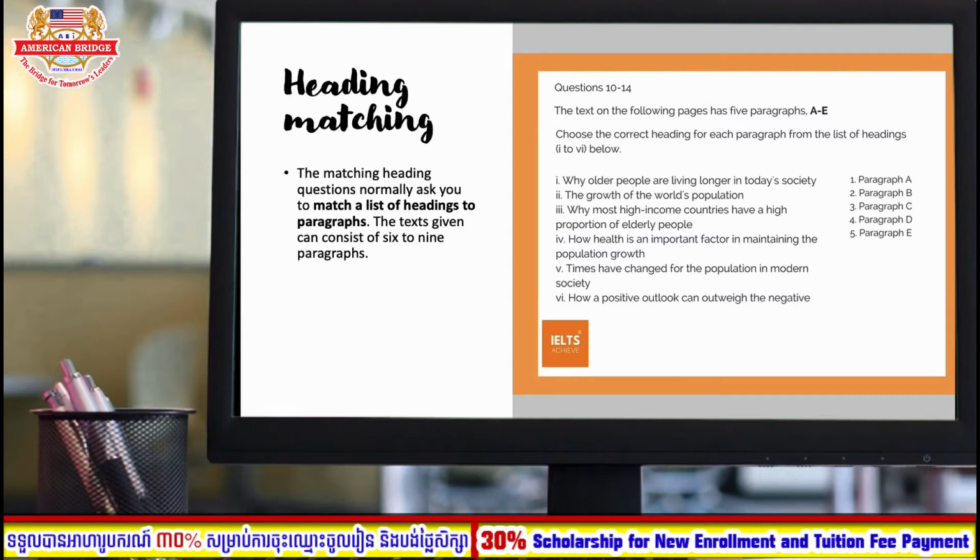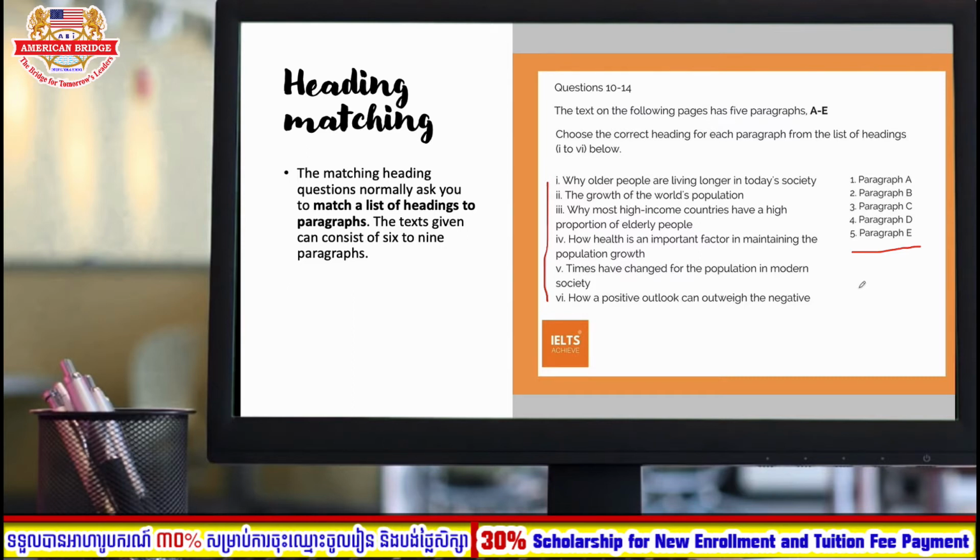So here is an example that I found on the internet, which is a type of question related to heading matching. Here they have 5 paragraphs, and you need to read all of those 5 paragraphs. Here are the titles. As you can see, there are 6 titles for 5 paragraphs, which means you don't need to use one heading.